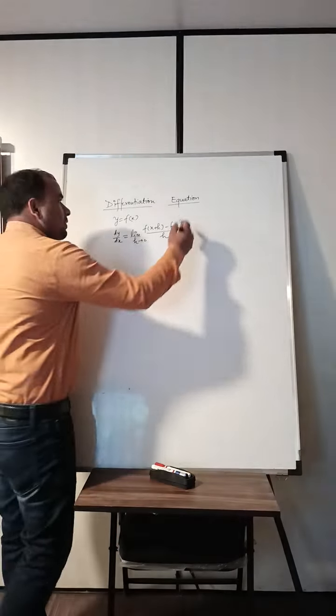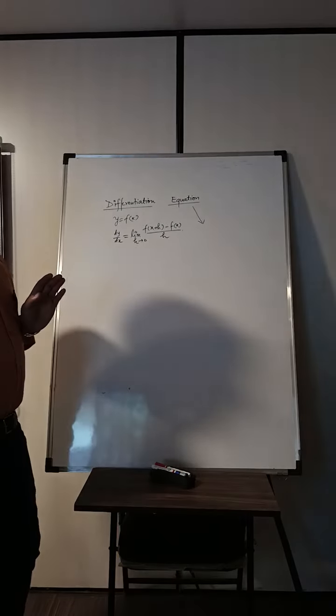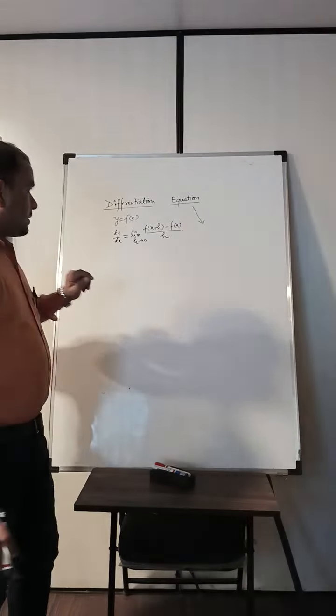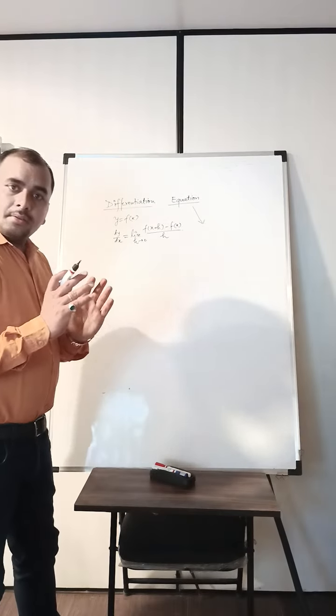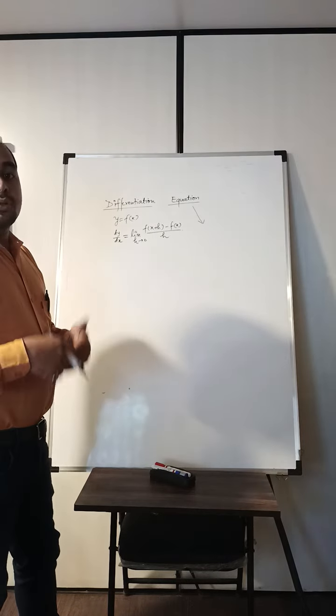And what is an equation? An equation is a relation between variables. Variables may be one, maybe more than one.